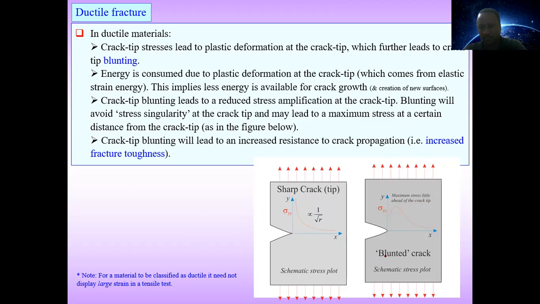So it is not at the tip, it is just somewhere here. This is the point where the maximum stress is, just ahead of the crack. So the crack is here and the maximum occurs here. The graph shows the blunted crack. So this is a schematic stress plot for blunted cracks and for sharp cracks.